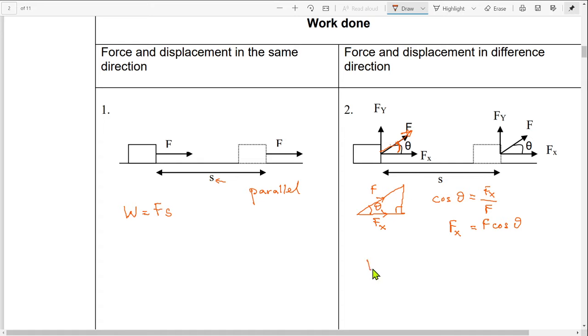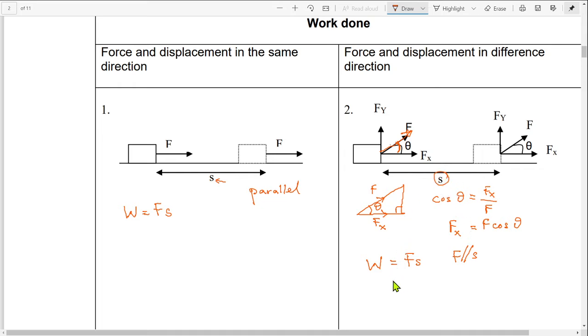So what is the work done? Work done, again, equals Fs. And remember I said just now that F and s must be parallel. That's why we are looking at F sub x, because F sub x is parallel to my s here.